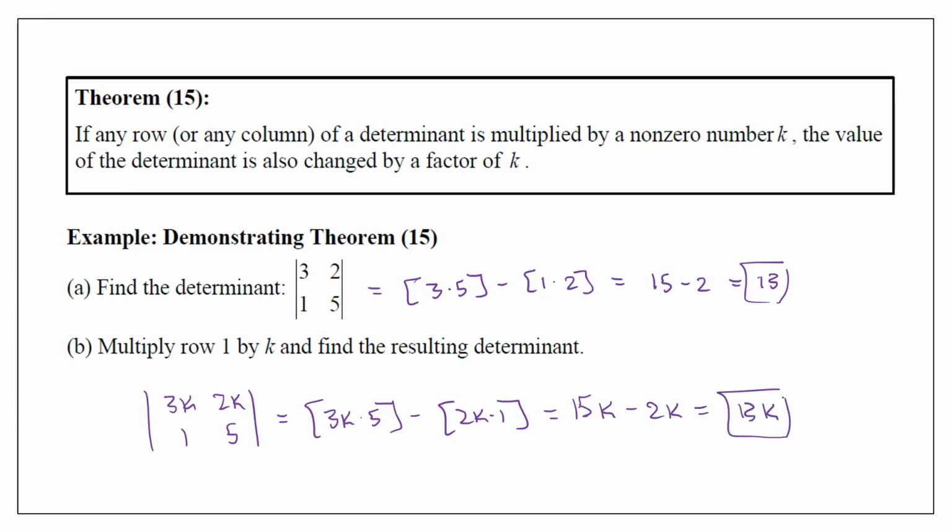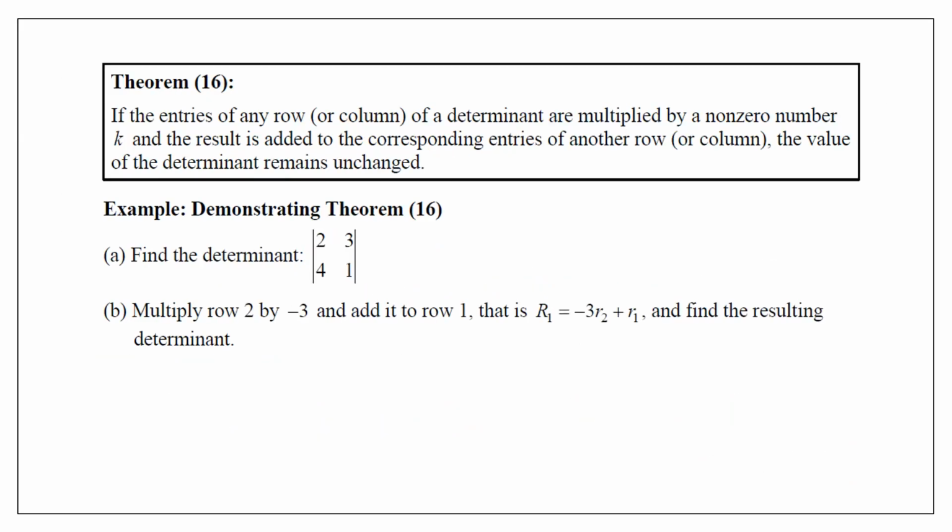So if any row of our determinant is multiplied by a non-zero number, in this case k, the value of the determinant is also changed by a factor of k. That is the same thing as k times the determinant 3, 2, 1, 5.